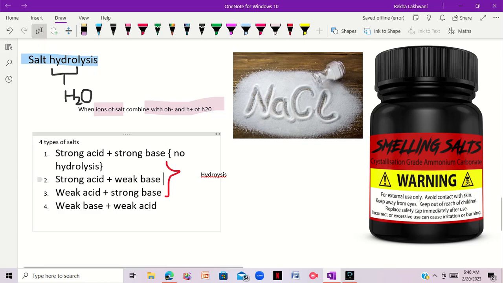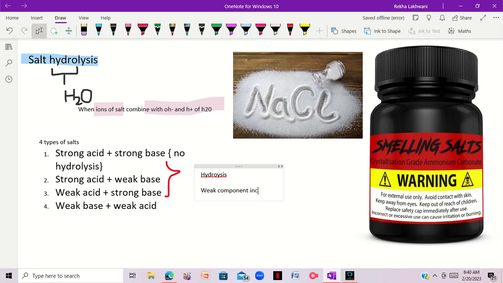It means if the weak component increases, the hydrolysis also increases.